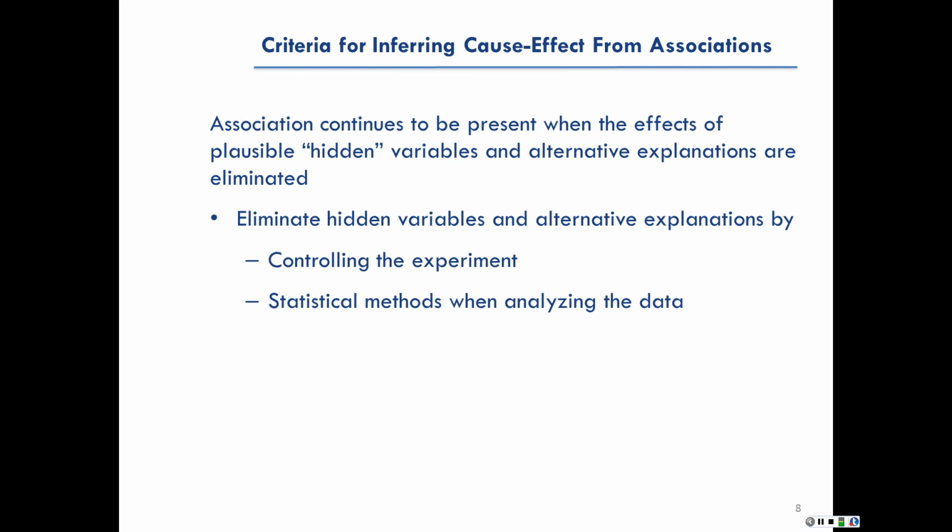Oftentimes we do this by very closely controlling the experiment, and that's why randomized, double-blind, controlled trials are considered the gold standard in research, because this is what they in fact do. Secondly, if we're just talking about observational data, we want to think through the statistical methods we use when analyzing the data to control for these other hidden variables and to try to rule out alternative plausible explanations.